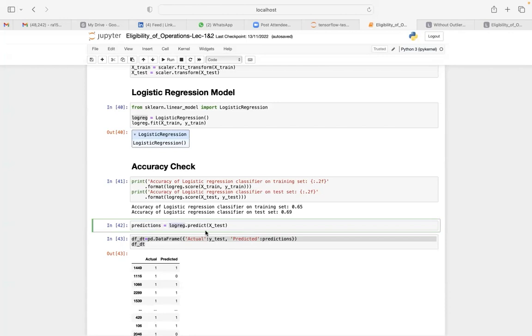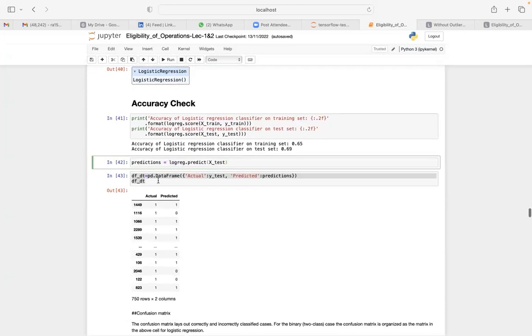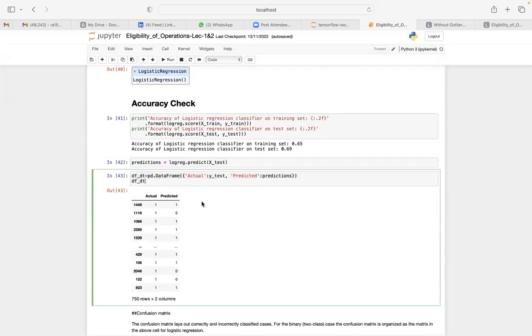So when you do the log_predict on the test set, then obviously you will get the prediction, and you can put it in a data frame and compare it with the actuals. As you can see, actual 1, 1, actual 1, and then predicted is 0. Mostly it's 1, but in a few cases it has not predicted correctly. So overall about 70% our model is still working fine, almost.